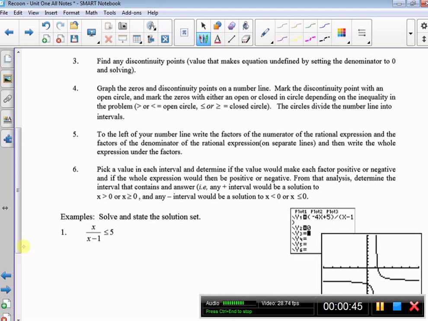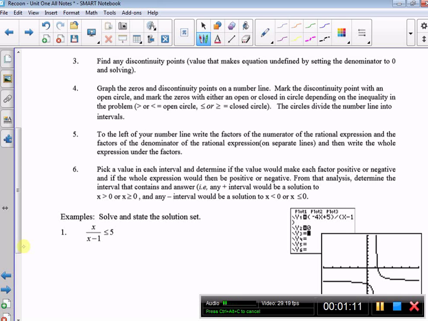And then I need to find some critical points by maybe combining some like terms, getting common denominators. And then once I find those critical points, I need to place them on a number line and do some checking. You cannot rely on these to be the same as the quadratic inequalities, as you will see when we do the checks.